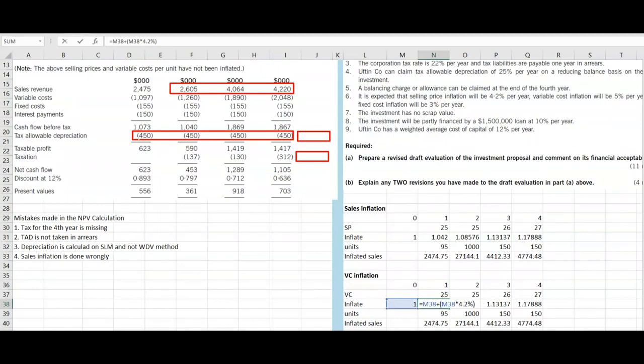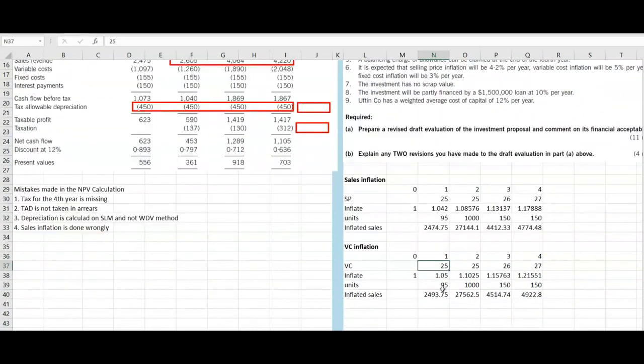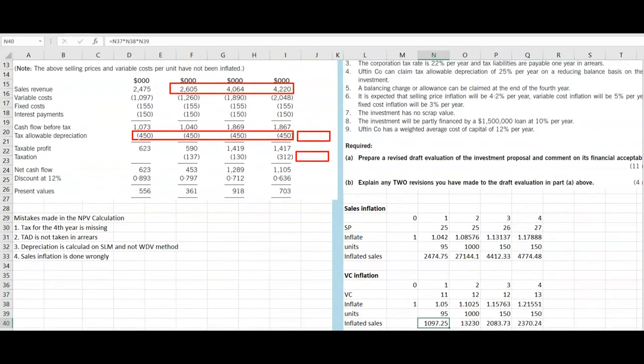So rather than this number, we can take it as 5%, and we can just copy and paste it, and we'll just check how much is variable cost. Variable cost is 11, 12, 12, 13, 11, 12, 12, 13. So variable cost is done, inflation is done, units are multiplied. So the answer comes to 1097.